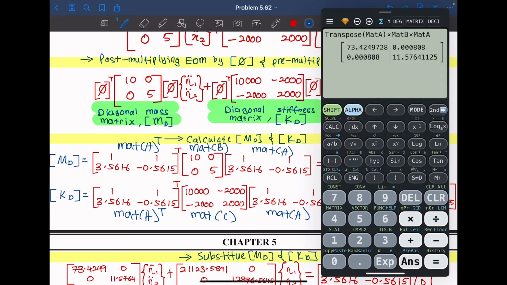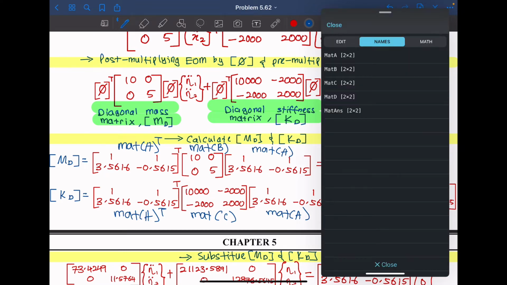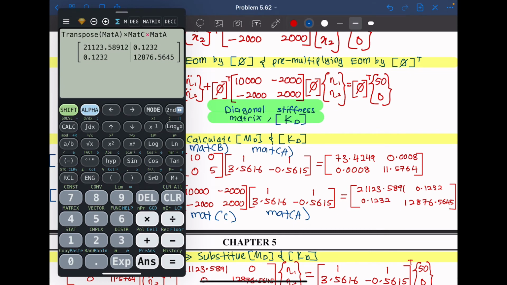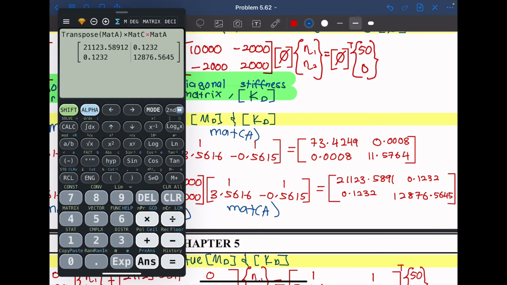Since we've already keyed in the data for matrix C just now, which is our stiffness matrix, just press shift, press 4, and then insert matrix C. So you get your answer now for matrix K, the diagonal stiffness matrix, to be this, exactly the one in the calculator.